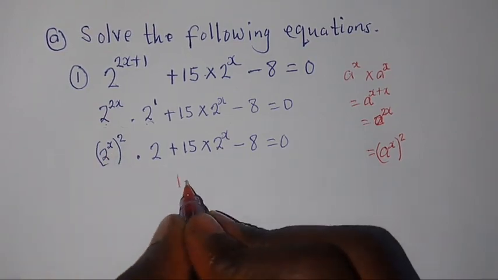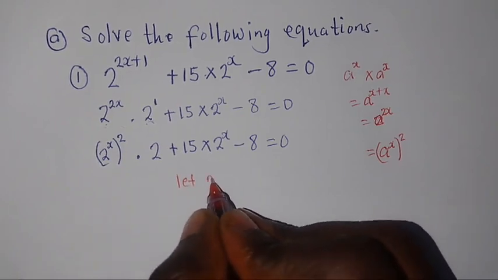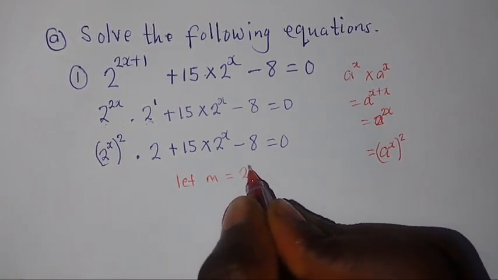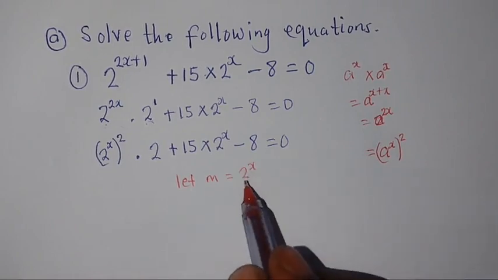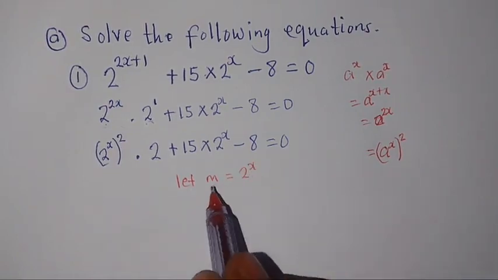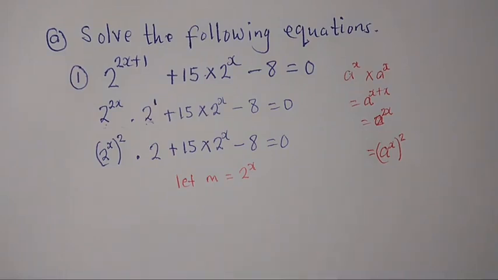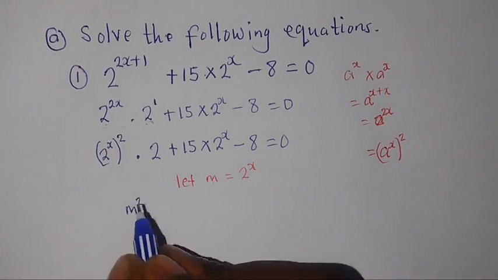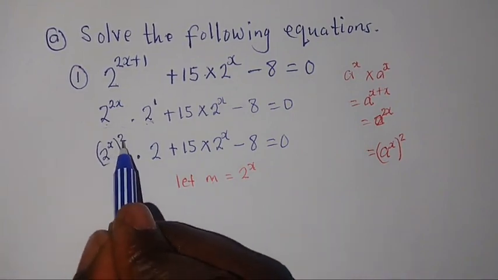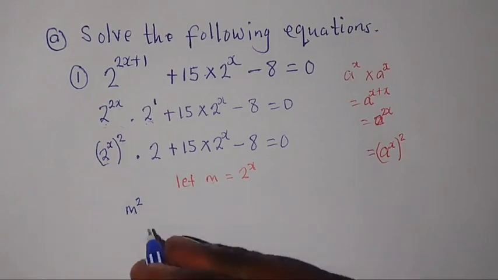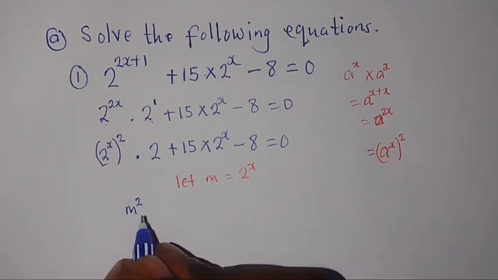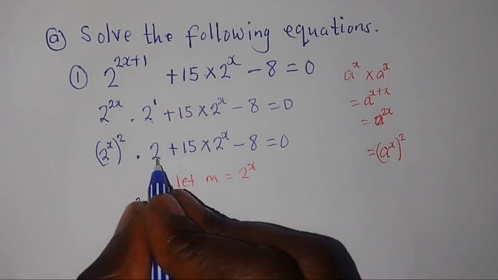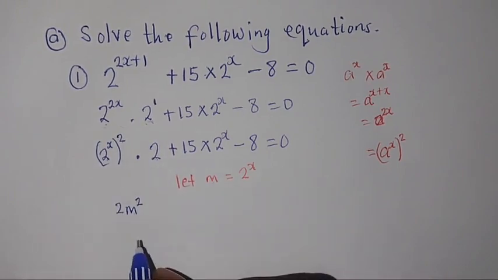So you can say let m be equal to 2 to the power x. On the term where you have 2 to the power x, you are going to substitute m. Right here we are going to put m power 2, because 2 to the power x was raised to the power of 2. Then it's being multiplied with this one, so it will be 2m.